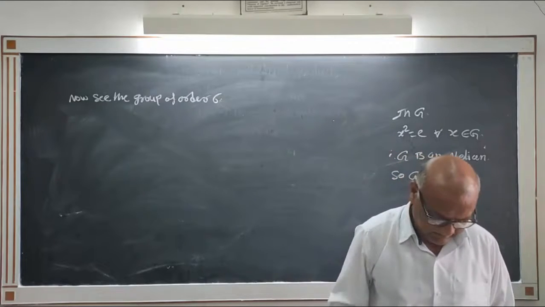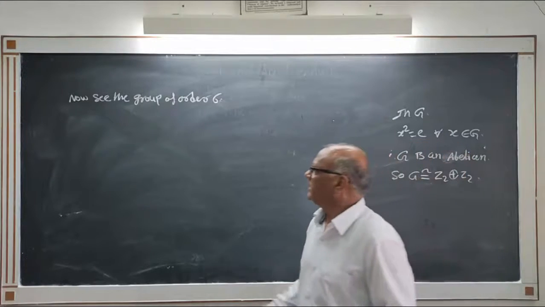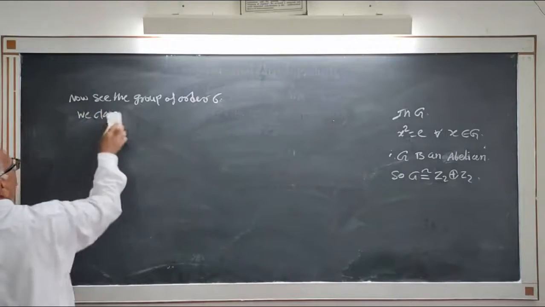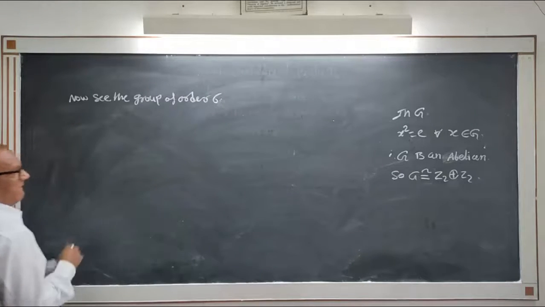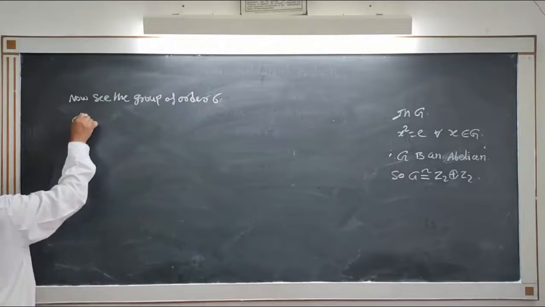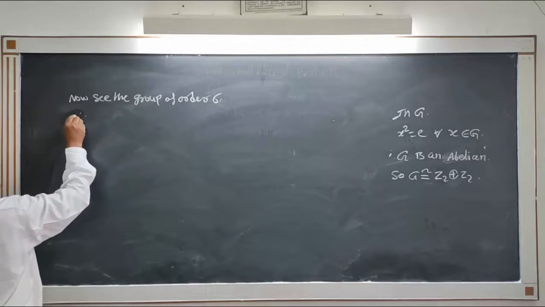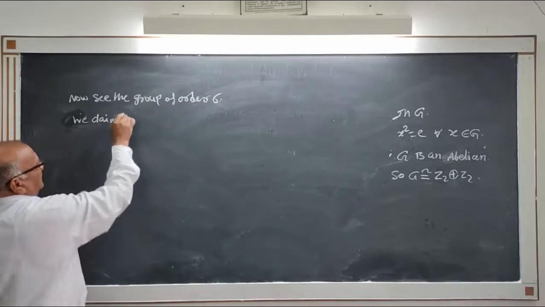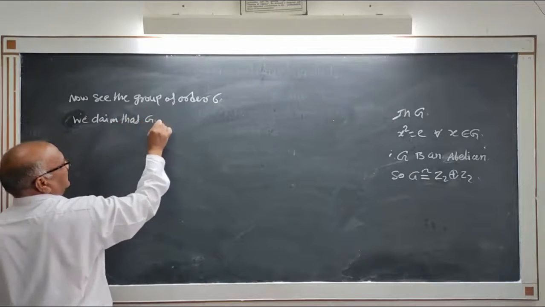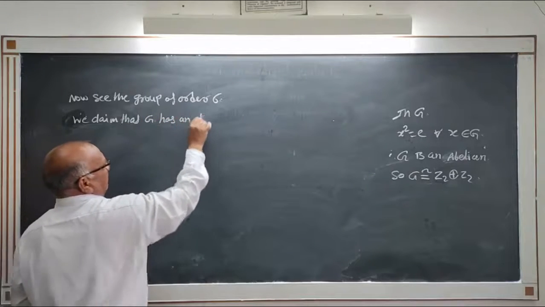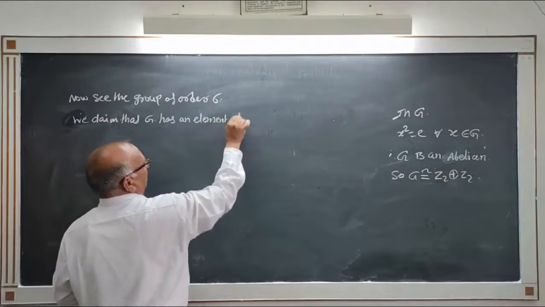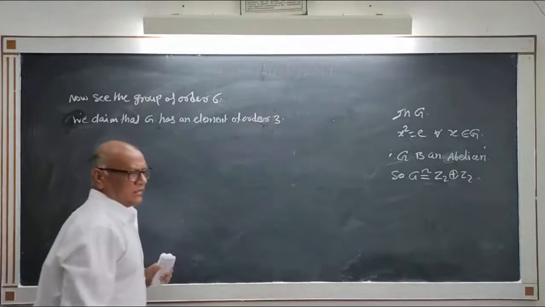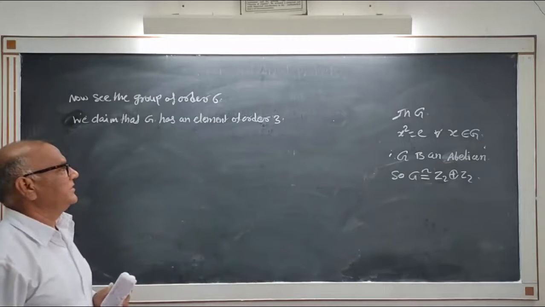Here we claim that G has an element of order 3.